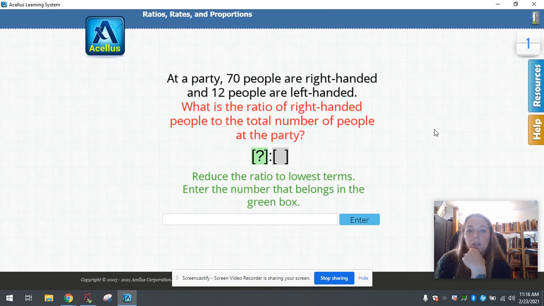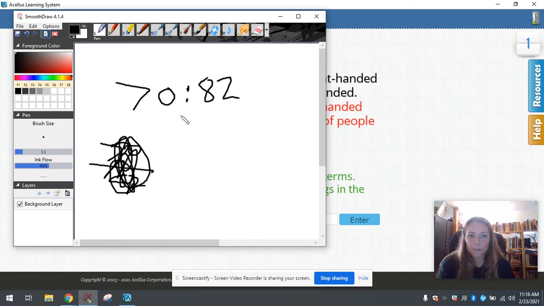Okay, now I would maybe think to write 70, but it says reduce the ratio to lowest terms. So we are going to reduce the ratio like we would reduce a fraction. What you want to do is find a factor or a number that fits into both of those numbers, 70 and 82.